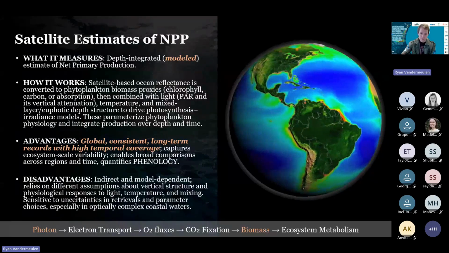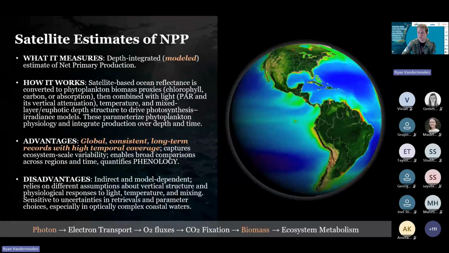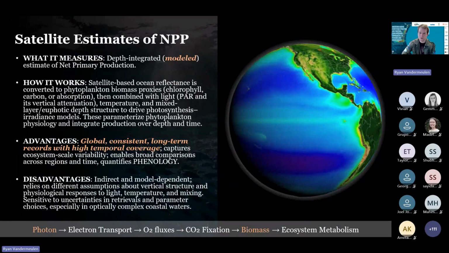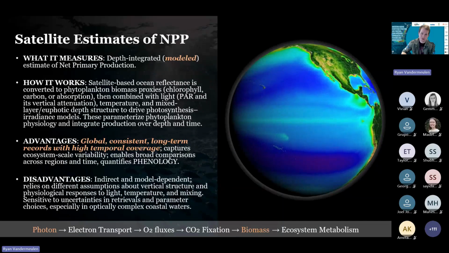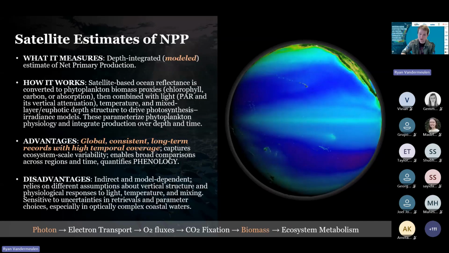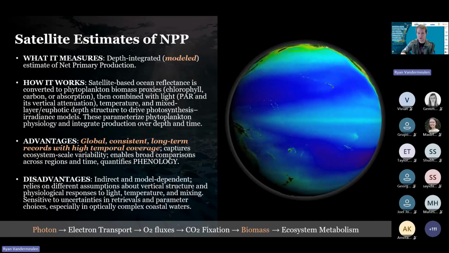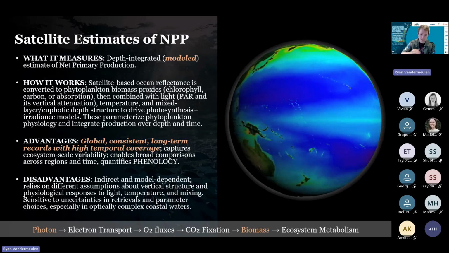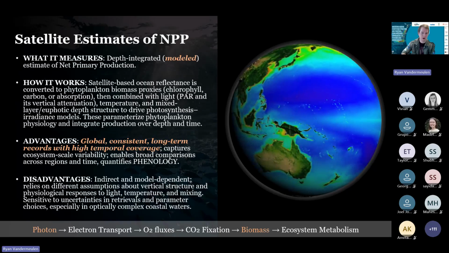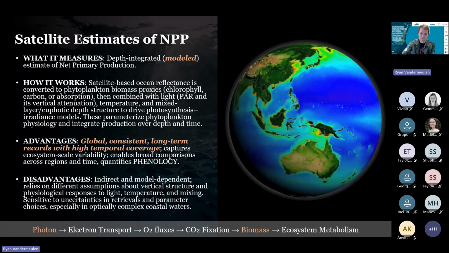They measure the color of the ocean, from which we estimate properties like chlorophyll concentration or phytoplankton carbon or phytoplankton absorption. We then combine those observations with information about available sunlight, light penetration through the water column, and temperature and mixed layer structure into photosynthesis models that estimate the production throughout the sunlit portion of the surface ocean.